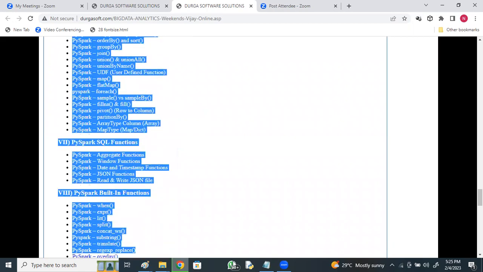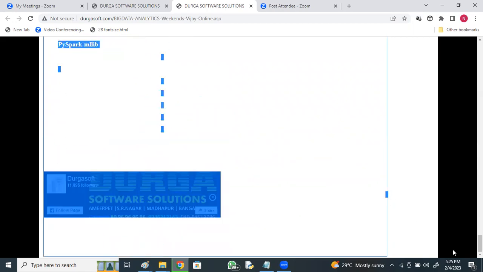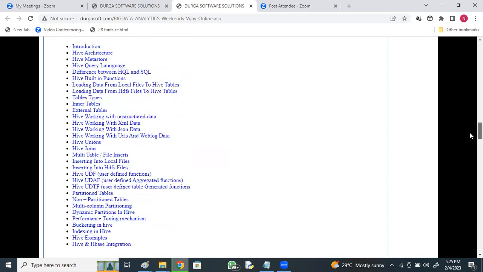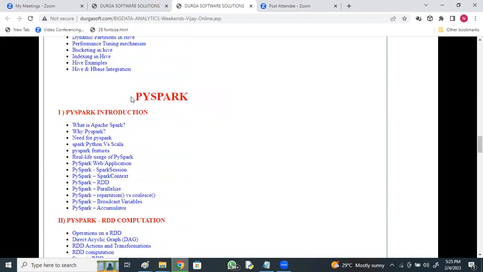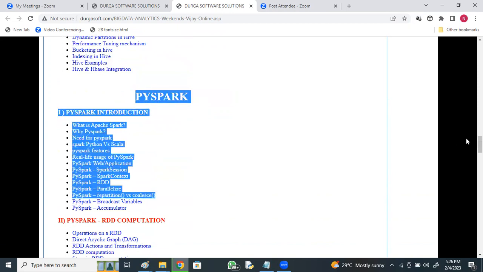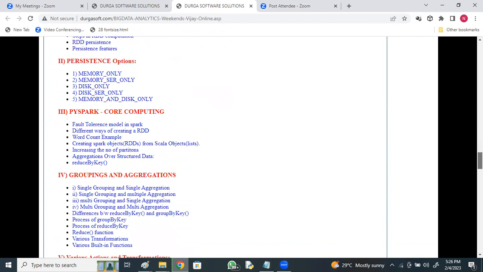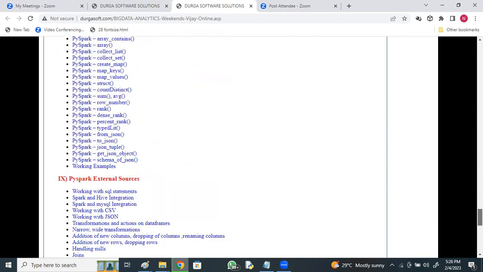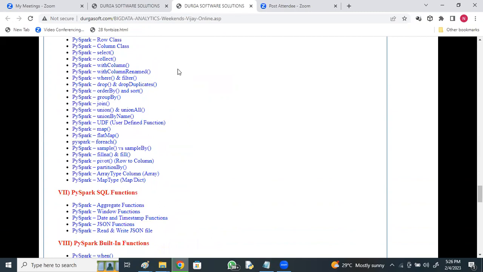Most of the students don't have knowledge of Hadoop, so that's the reason we are going with a Hadoop and PySpark batch. This batch consists of both. The independent PySpark course content will also be the same and covered in this course. Whatever we discussed in that PySpark batch, the entire thing will be there.